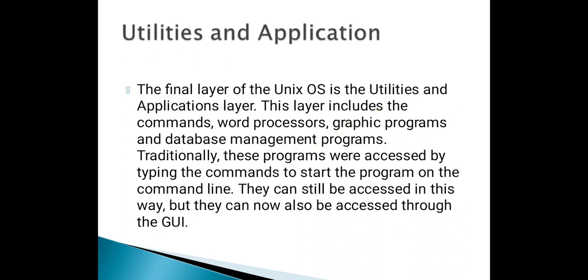The next topic is utilities and applications. This is the final layer in the Unix system structure, which includes commands, word processors, graphic programs, and database management programs. These programs are accessed by typing commands to start the program in command line environments. They can be accessed through various environments, either CUI based or GUI based.